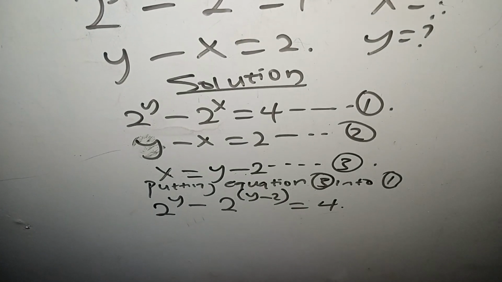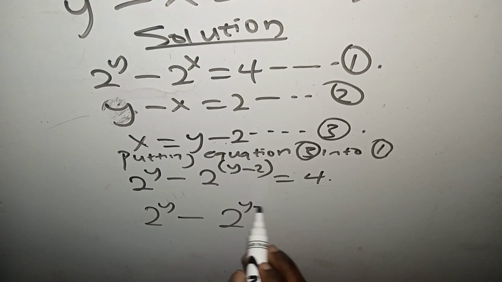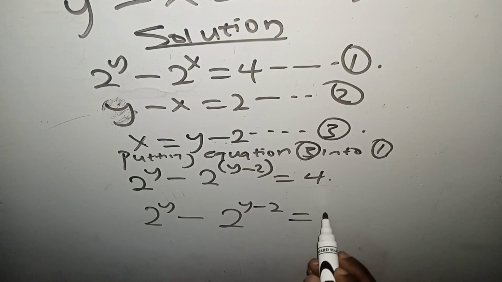Okay, having done this, we can simply write. So this is our new equation. We are now having 2 to the power of y minus 2 to the power of y minus 2 equals 4.